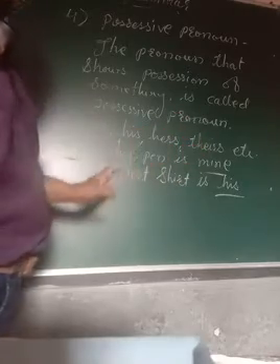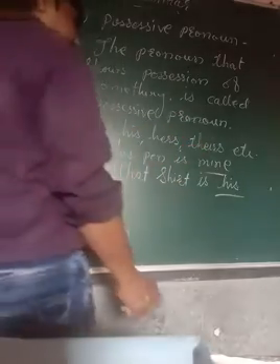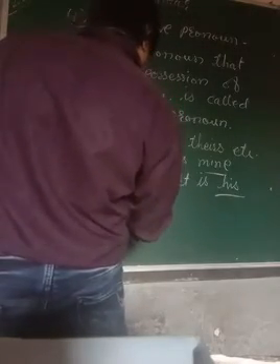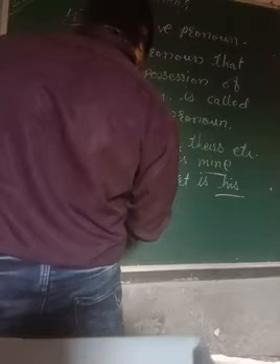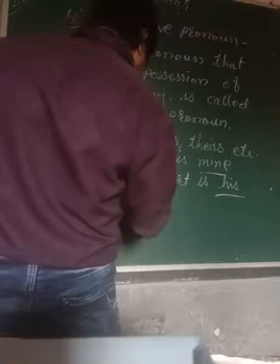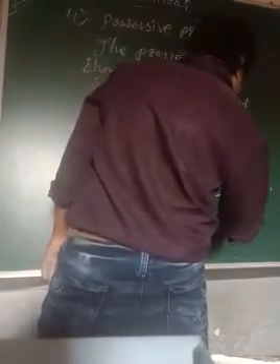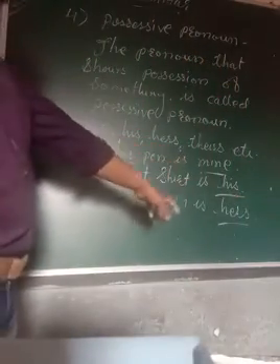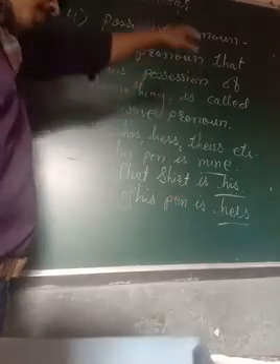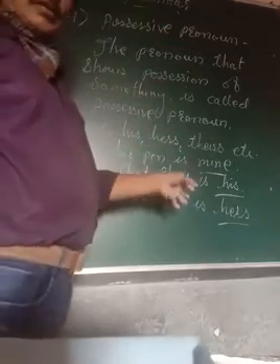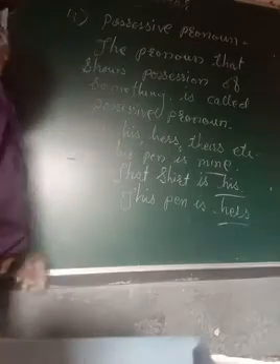So his is a possessive pronoun. This pen is hers. Here also the same thing. Hers shows the possession of the pen. So it is a possessive pronoun. So these are the possessive pronouns now.